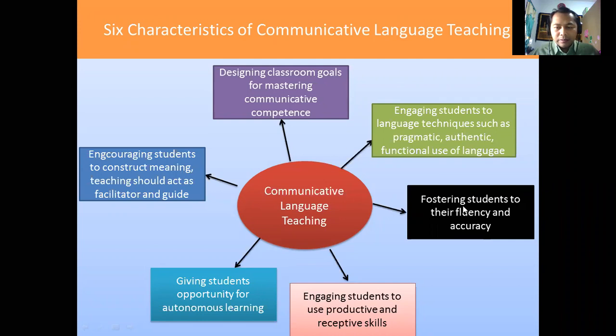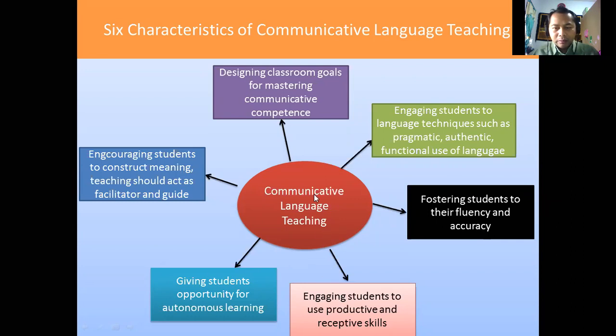And the third one is fostering students' fluency and accuracy. CLT helps students to develop their fluency and their accuracy. So this is not a choice, but a must, the two things, fluency and accuracy.